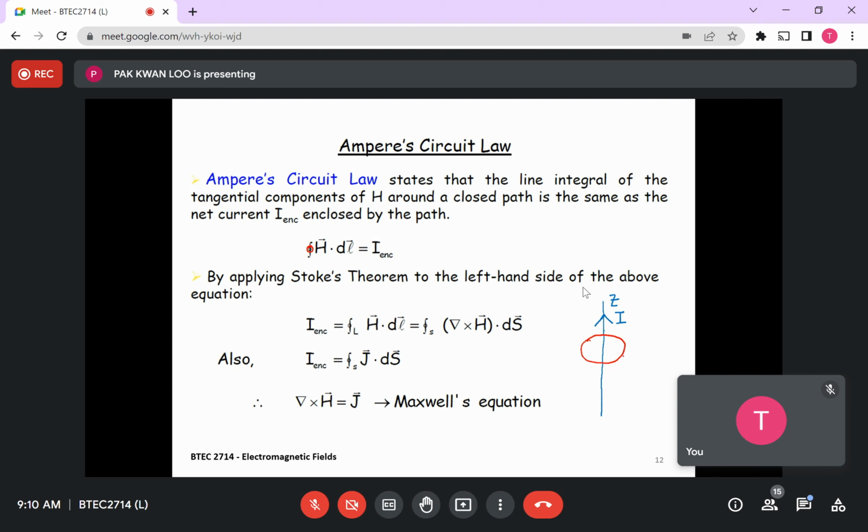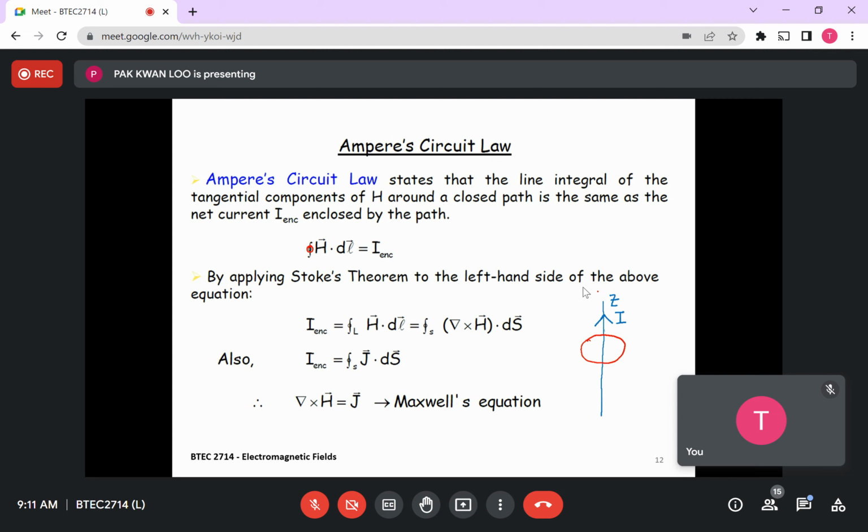If the point of interest is very much smaller than the line current, then we can apply Ampere's law to calculate the magnetic field. Otherwise we can't.